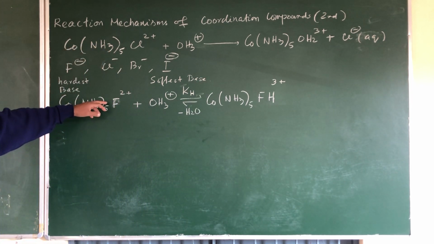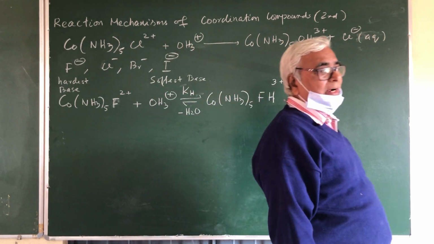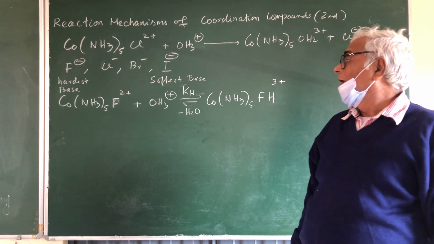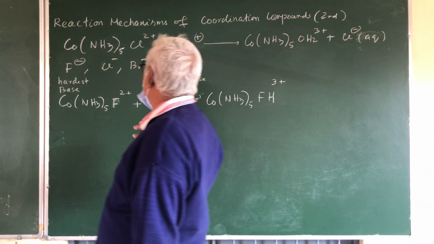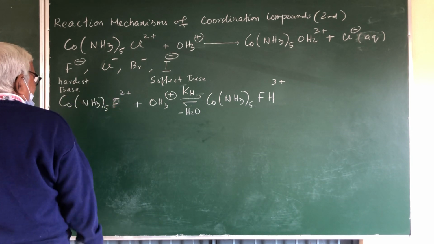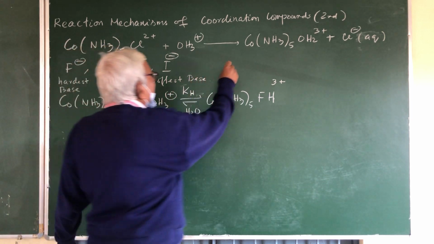If we compare chloride and coordinated chloride, coordinated chloride will be softer in comparison to this, because the electron flow is taking place from chloride to cobalt 3 center.